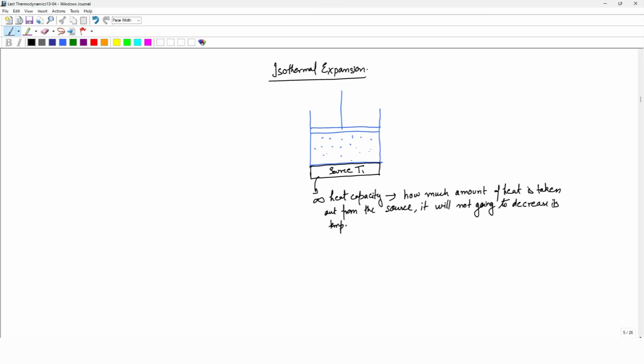So the wall is thermally conducting. You are giving heat to the system, and due to that heat there is a process happening where there is an expansion.